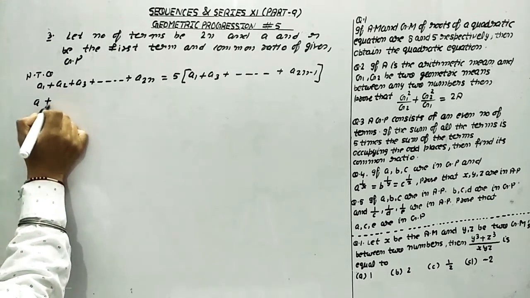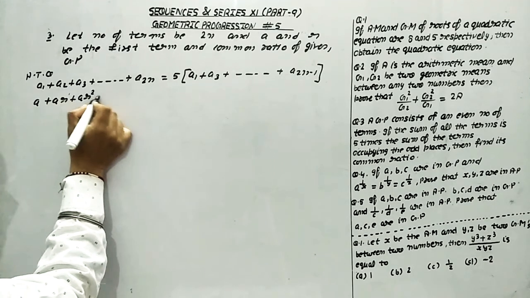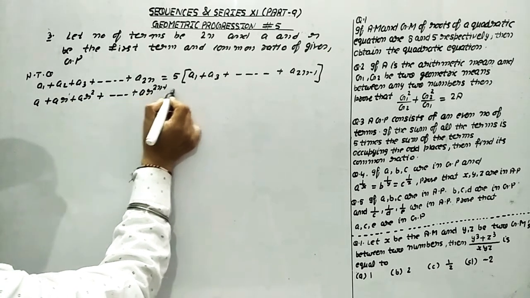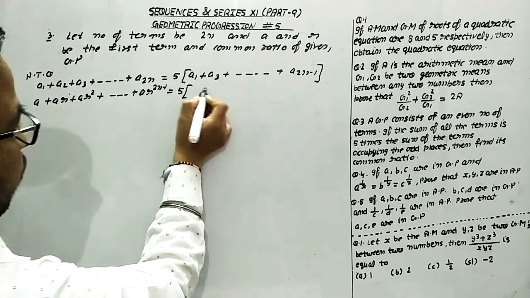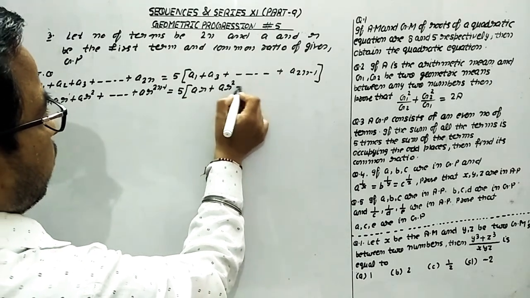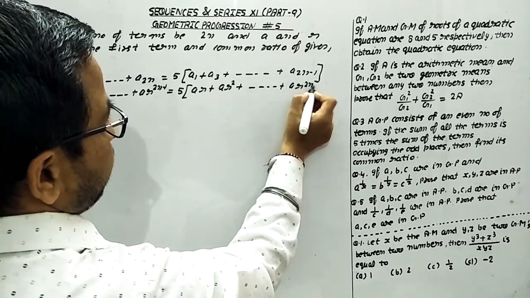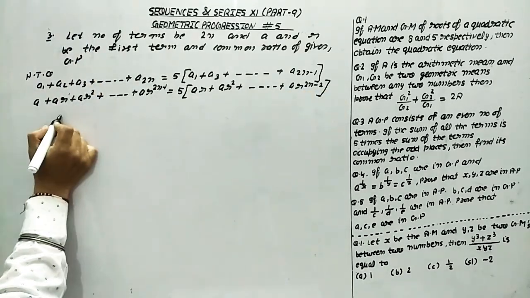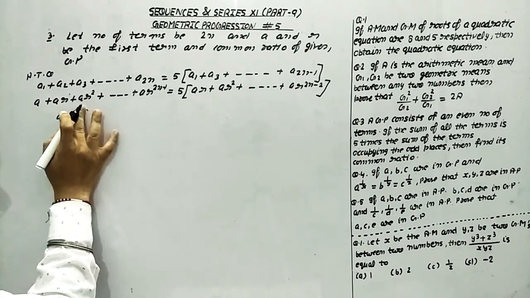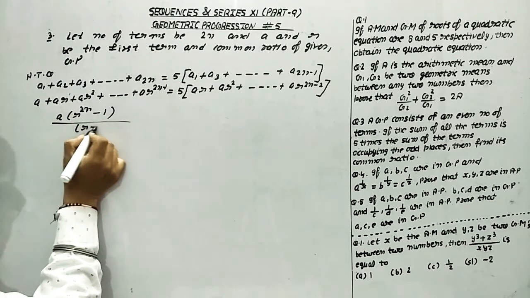So A plus AR plus AR square and so on plus AR raised to power 2n minus 1 is equal to 5 times (A plus AR square plus and so on plus AR raised to power 2n minus 2). Now according to this, what is the formula? A times (R raised to power 2n minus 1) upon R minus 1.